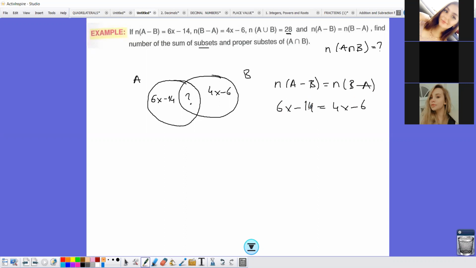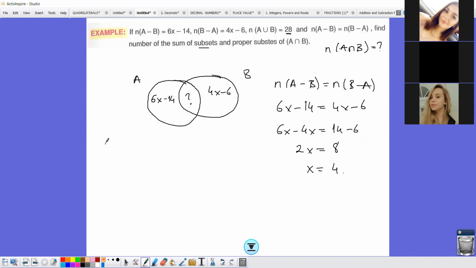So knowns on one side, unknowns on the other side, we'll have 6x minus 4x equals 14 minus 6. Then what we have here, 2x equals 8. So x is 4. So x is equal to 4.